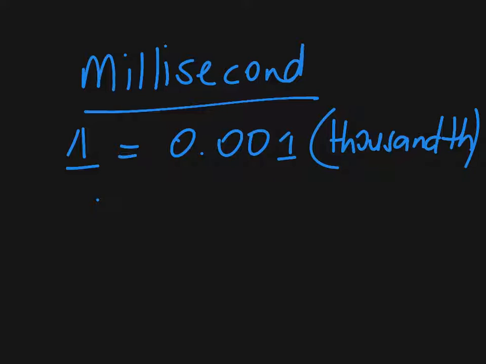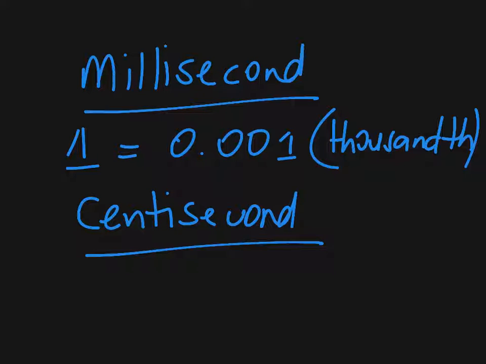We have centisecond. Okay, and that is expressed 1 equals 0.01. If you're watching the Olympics or any kind of race like that, you'll often see time expressed to this point.